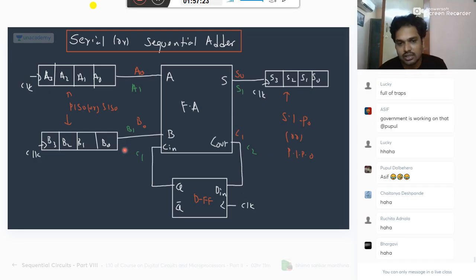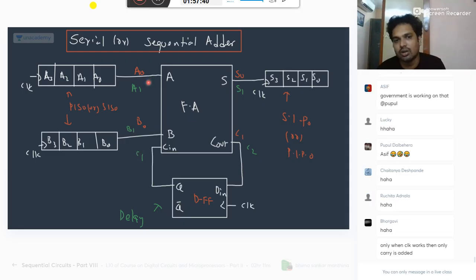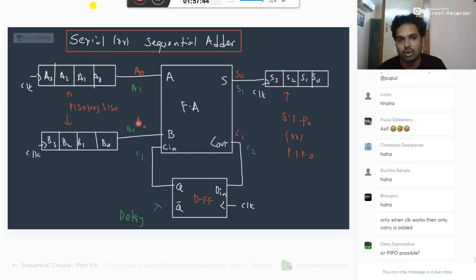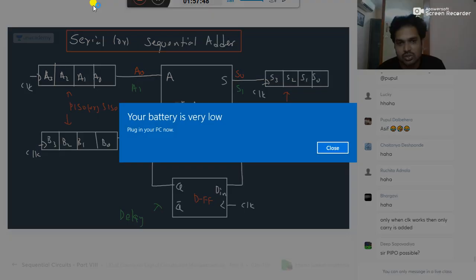You understand, this is used to delay. What is the use of this D flip-flop in this case? To delay. Because when A0, B0 are added, you got sum and carry. That carry is to be added not in the same clock, but in the next clock. Not for A0, B0. It must be added for the next bits A1, B1. Here your output should come bit by bit because you have only one full adder.